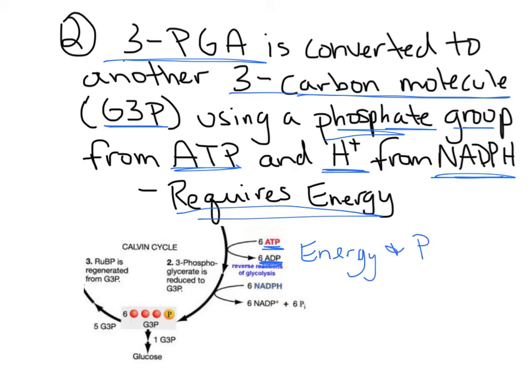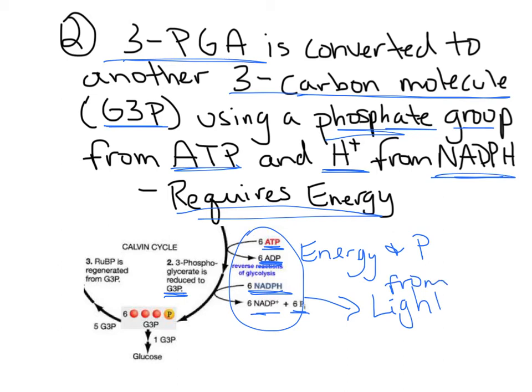And so we get this G3P molecule. Phosphoglycerate is reduced to that, and the phosphoglycerate is going to combine with the H's from the NADPH. So we can see these came from the light-dependent reaction, and they're used right here.